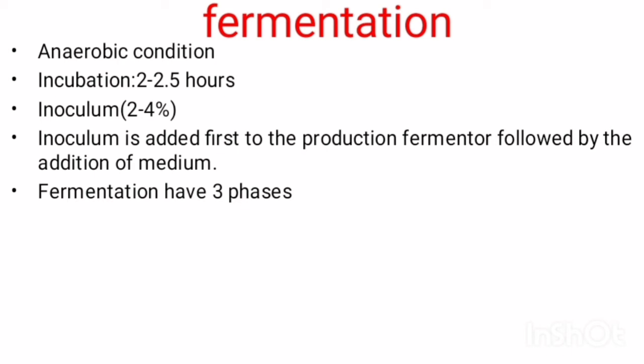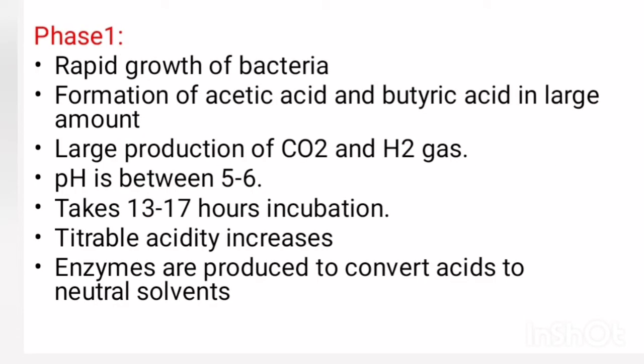The actual process of fermentation occurs in 3 phases: phase 1, phase 2 and phase 3. Phase 1 is characterized by rapid growth of the organism and production of acetic acid and butyric acid in large amounts.